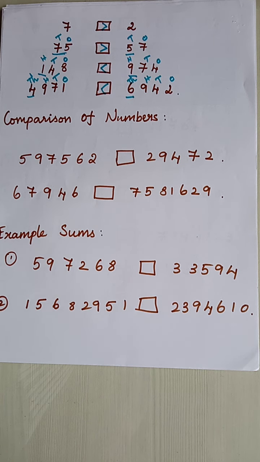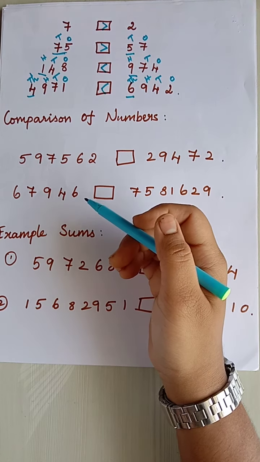The two sides of a place value will not be equal. Now we have to check by using that. These types of sums will only be applicable in your 6th standard. Now, comparison of numbers.